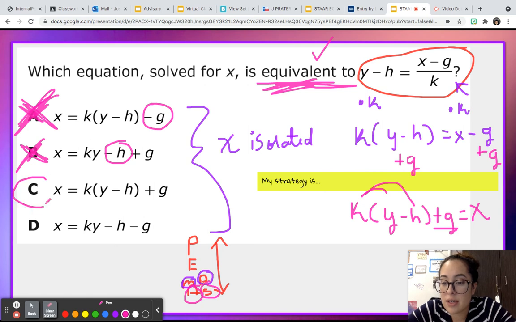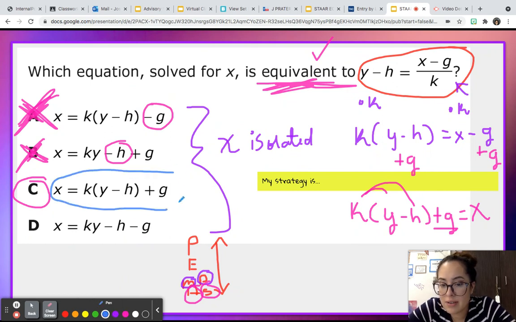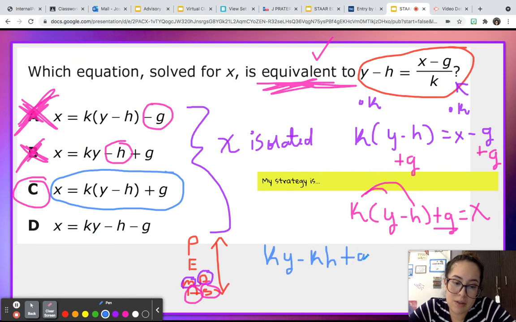Letter C is correct because it looks just like the one I have. I have k times y minus h plus g. Right? Now let's say it wasn't like that. Let's say when you guys take your STAR tests, instead of this, it would have it distributed. Then it would look like this: ky minus kh plus g. So it could be shown this way.